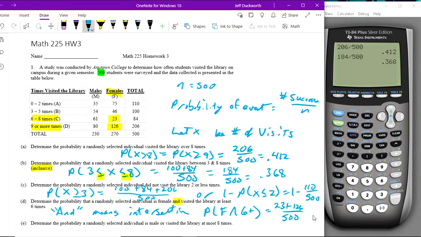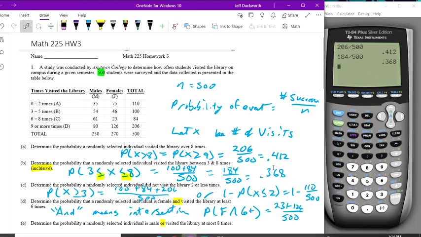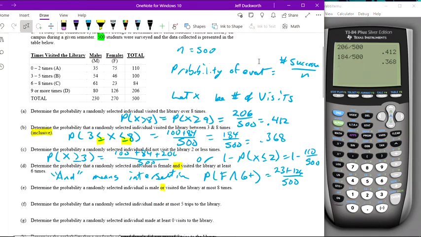All right, E, determine the probability a randomly selected individual is male or visited the library at most 8 times. So let's do this. Okay, so or is a union.